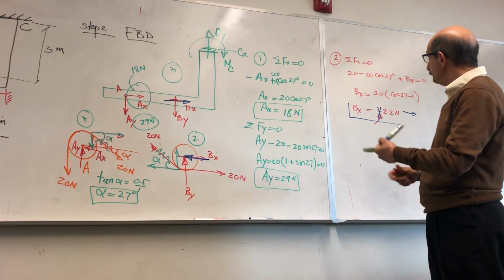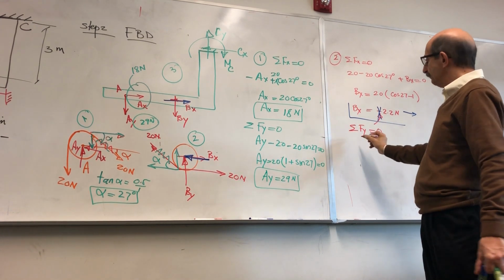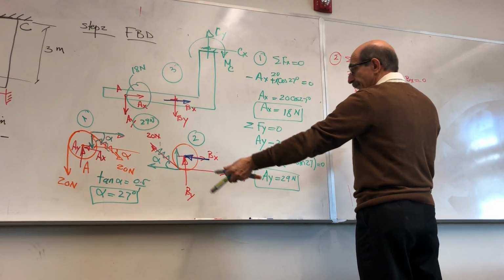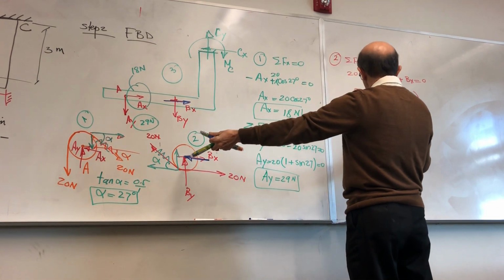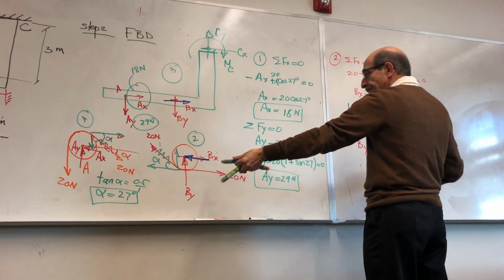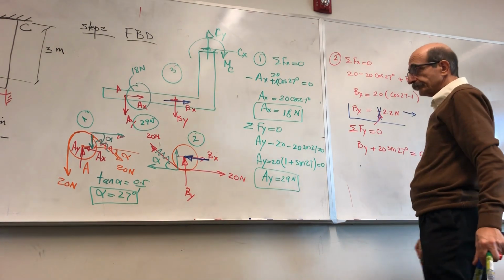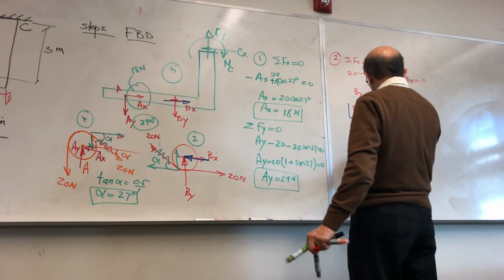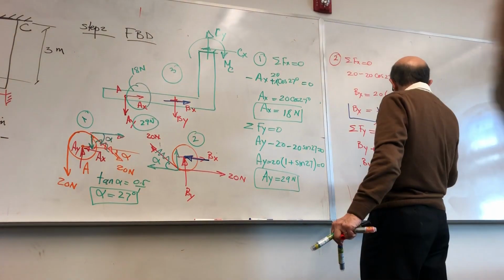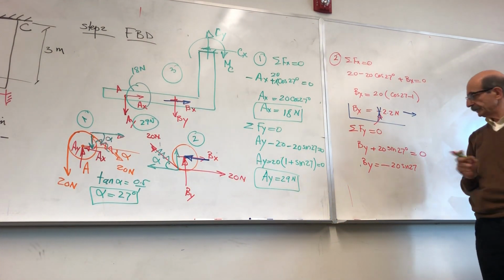So next one, summation of forces along y is 0. I have By plus 20 sine of 27, and that's the only force I have, is equal to 0. So By would be negative 20 sine 27. So that should be what, about 9? 9.